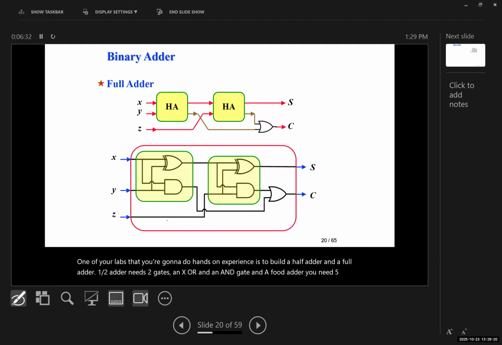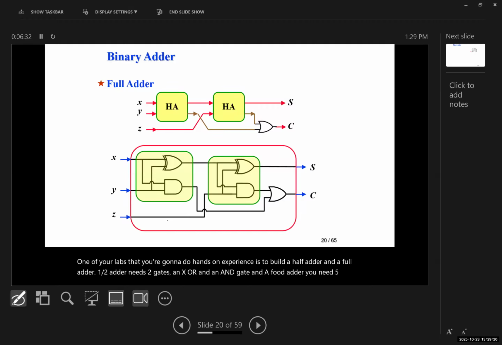For example, x0 and y0, and we give it a 0 for the other input, gives us S1 and C1. And C1 is added to the inputs of the second full adder, and then the carry of the second full adder is added to the third full adder, and so on. So I can build a 100-bit by 100-bit adder by just combining these full adders. I can add 100 full adders together and put them in cascade and add 100 bits to 100 bits.